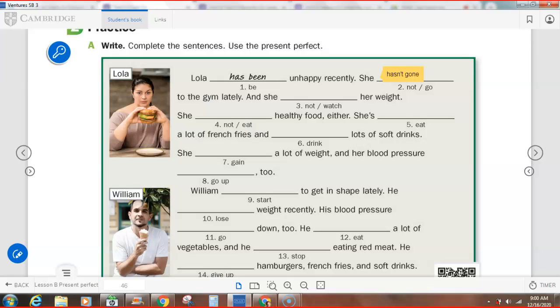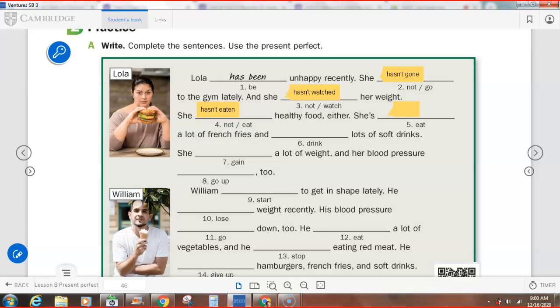And she hasn't watched her weight. Good. She hasn't eaten healthy food either. Good. She hasn't eaten good, healthy food either. And she has eating a lot of French fries.